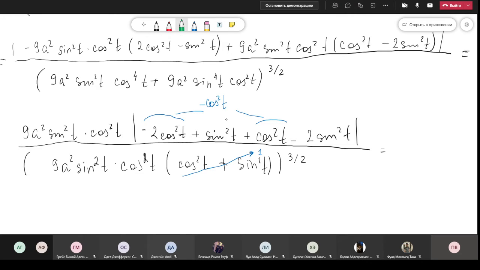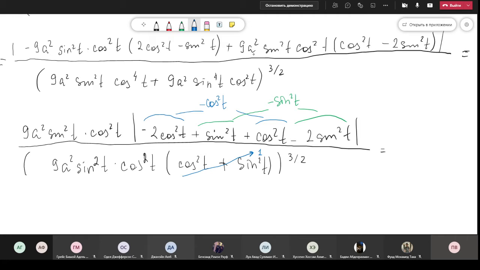Here this plus sine and minus 2 sine squared, this we have minus sine squared. Then minus cosine squared plus minus sine squared, it will be minus 1? Yes, minus 1. Minus cosine squared and minus sine squared is minus 1.